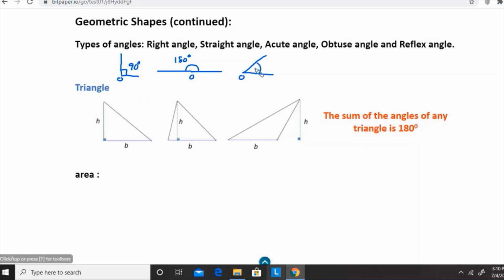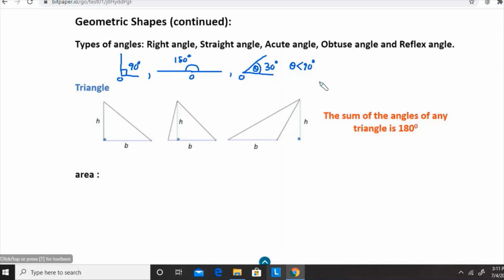Let's say this angle could be like 30 degrees, so it's less than 90 degrees. Usually we denote the angle by the Greek letter theta. So in this case, generally I can represent it as theta less than 90 degrees, and that's called an acute angle.